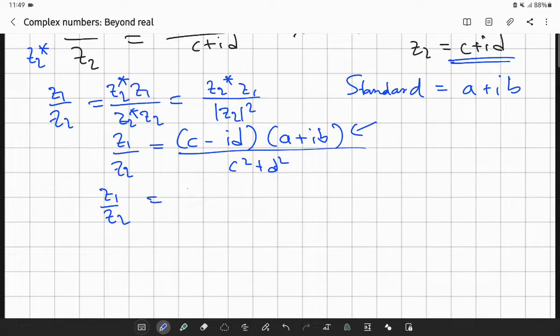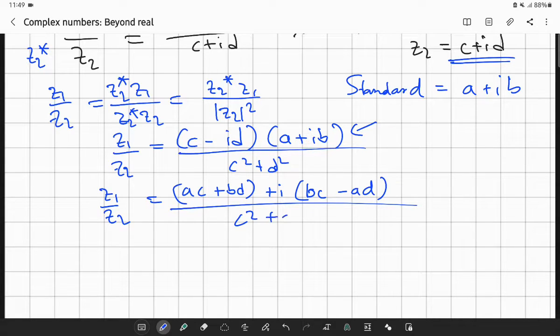This will be ac plus bd. This is the real part. You can verify this, I'm just doing this quickly. And I'll have bc minus ad, the whole thing divided by c squared plus d squared.